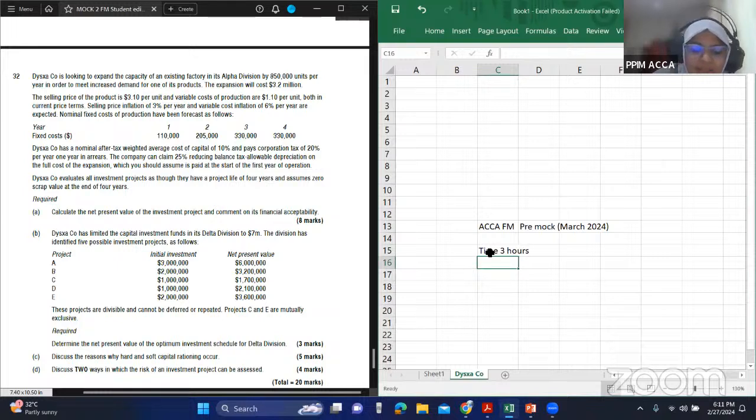The answers are also available in the practice platform. Please make sure that you mark it and grade your score. Before your exam, time it and mark it using the marking scheme they have provided, and see where you stand and what areas you need to work on.